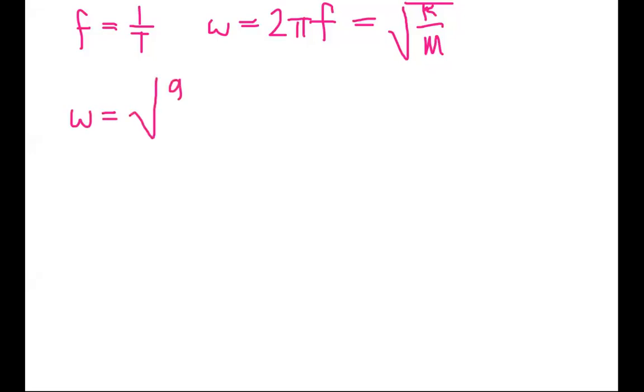We also know that omega is equal to 2 pi times the frequency, and that is equal to root k over m, where k is the spring constant, in the case of a spring, if this is acting on a spring. Also, for a pendulum, we know that omega is equal to root g over L. So that's for a pendulum.